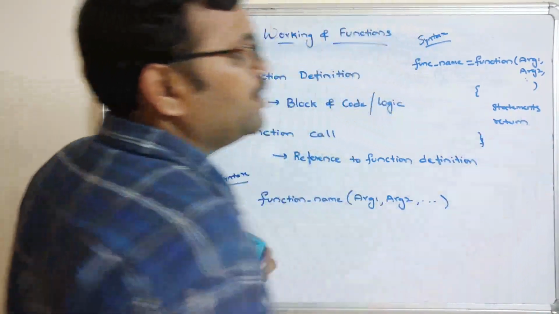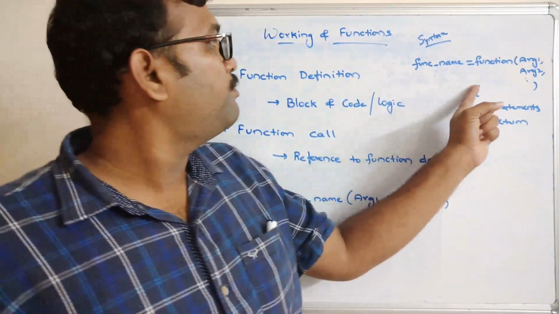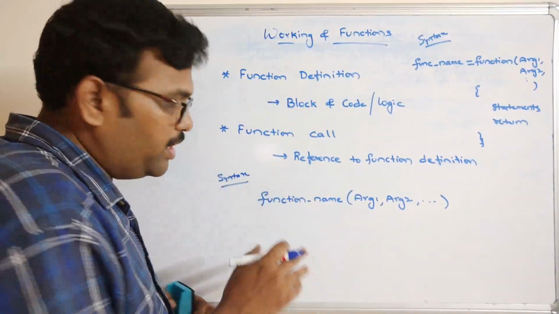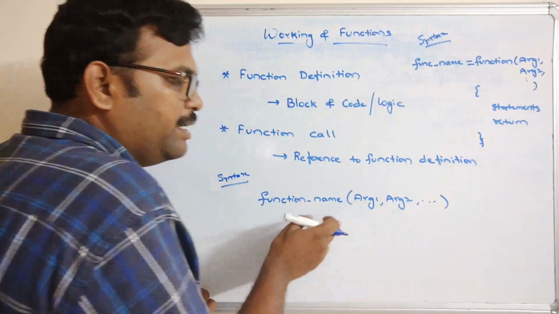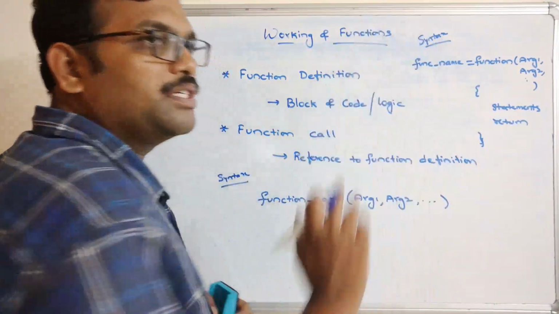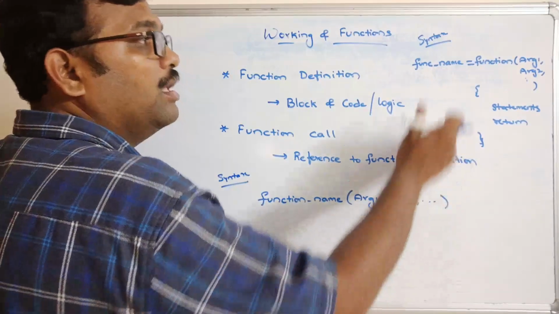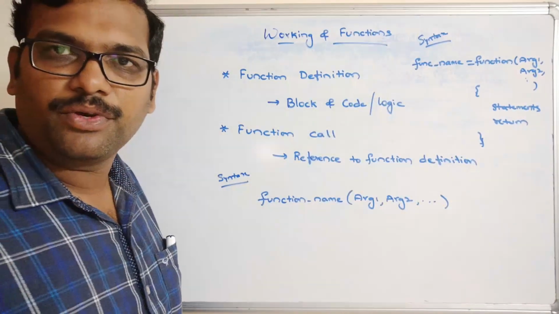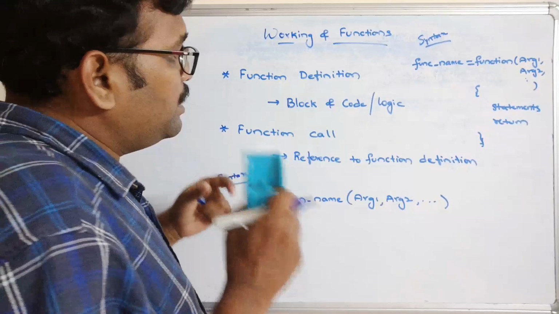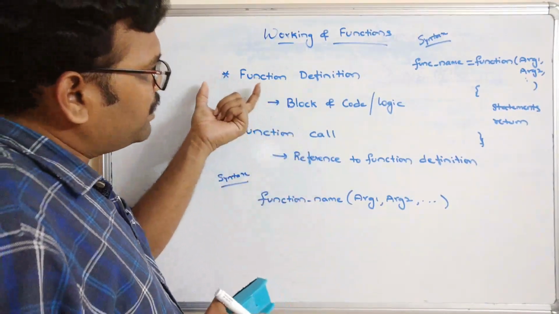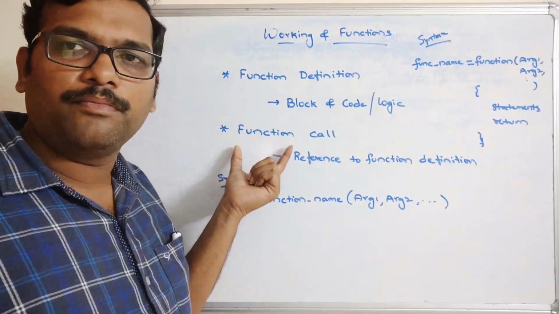Right. So whenever the control executes this function call, immediately the corresponding function definition will get executed. Unless the user executes this function call, this function definition will not get executed. So that is most important: our program should have both the function definition and the function call.